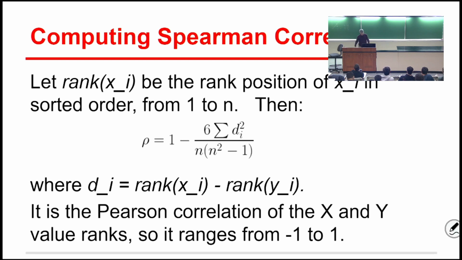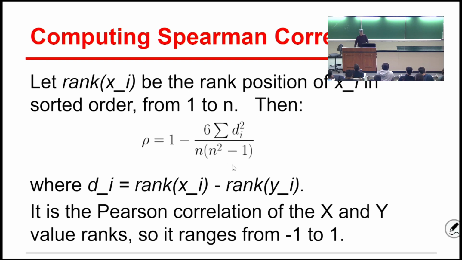If they're both third, the deviation is 0. So what is the Spearman correlation? It's 1 minus 6 over the sum of the squares of these deviations divided by n times n squared minus 1.